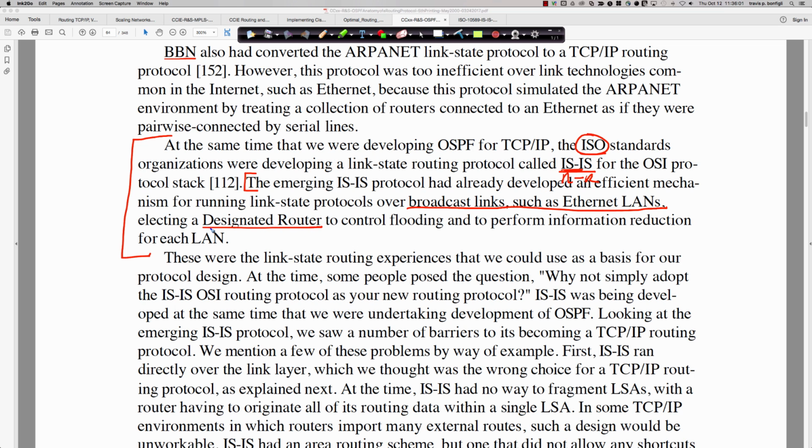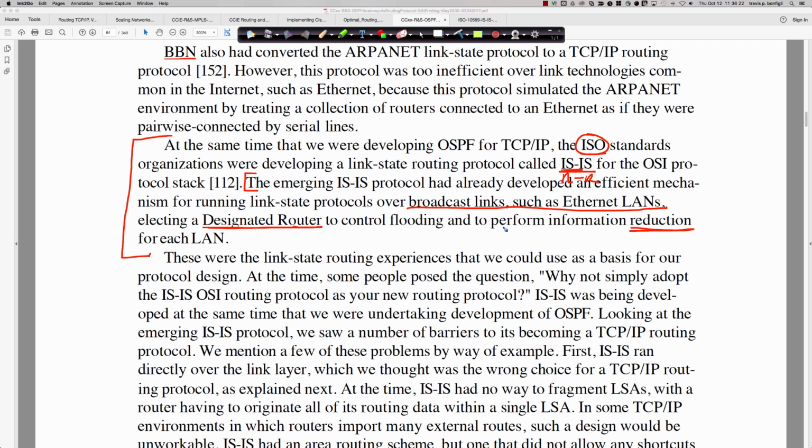So they had the concept already to control flooding and perform information reduction. Because imagine the duplication of information on a LAN segment where everybody has to have the same link state database already.